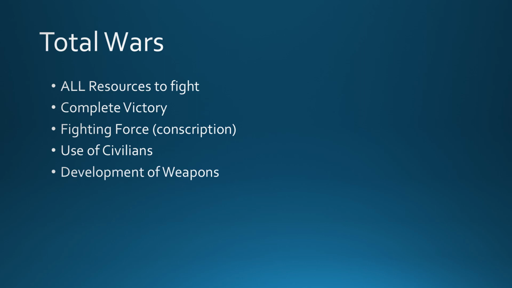What we also see in total wars is that we are using the most sophisticated weapons available, and actually, as the war is happening, we are continuing to develop weapons throughout. And again, that's a part of this in order to ensure victory takes place. So you can think about World War I, all the new weapons and all the new technologies that we saw.